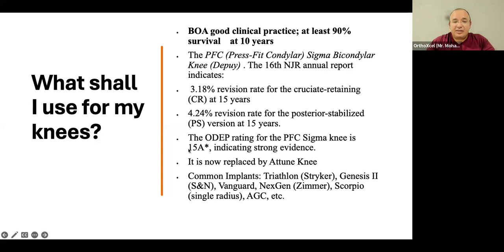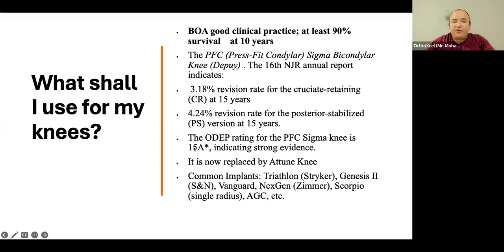15 is the number of years when this implant or this design is in the market. A means it has revision less than 5% in the last 10 years, and the star means this was supported by evidence, not only statistics. So ODEP gives a rating for every implant in the market, for hips, for knees, for elbow, for shoulder, whatever replacement implant in the market, and it gives a number, a letter, and a star.